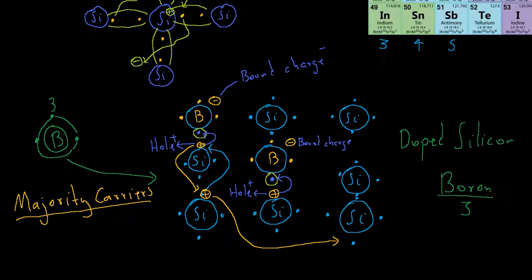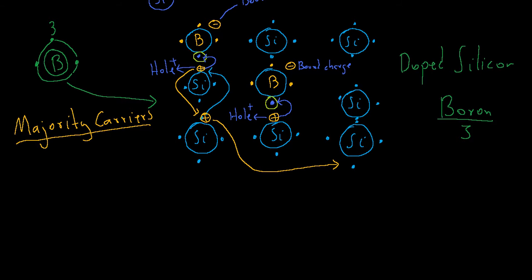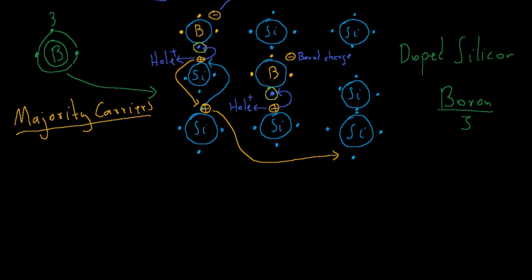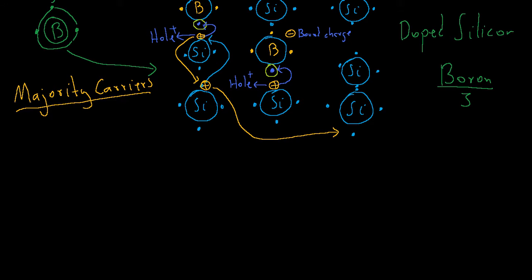Now the other thing we have to look at here is a simple formula and a simple way to find the respective concentrations of electrons and holes. So we're going to define a term which is P sub P. Remember, I have to tell you that this type of doped semiconductor is called P-type semiconductor, and this is because we are creating positive charge carriers.